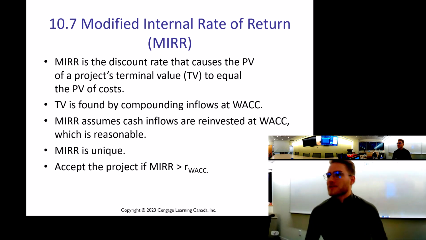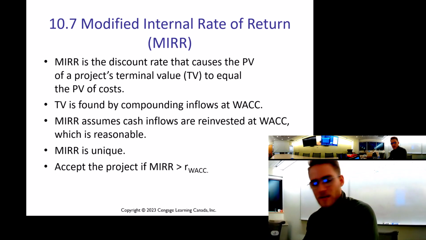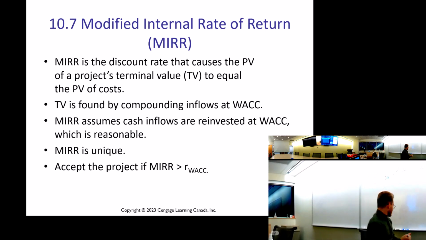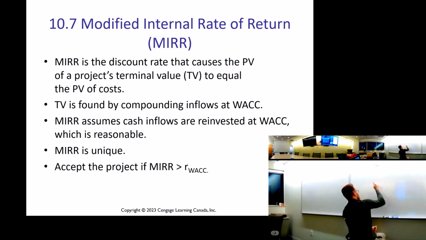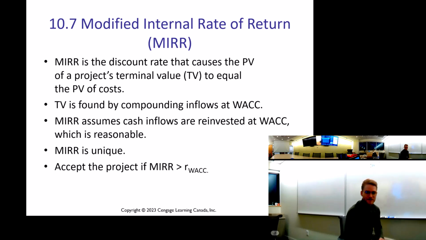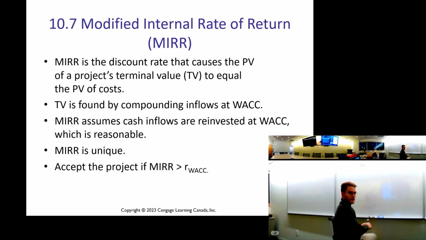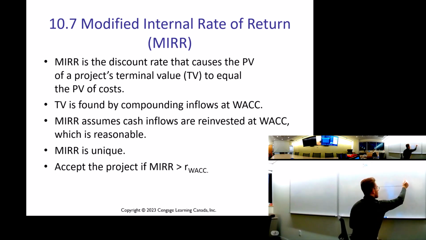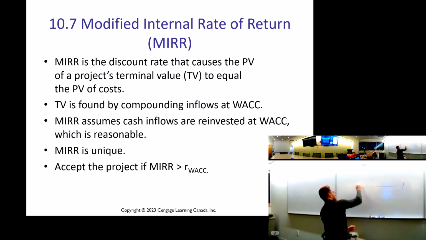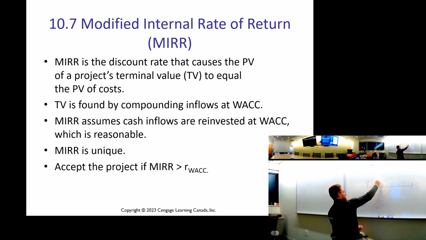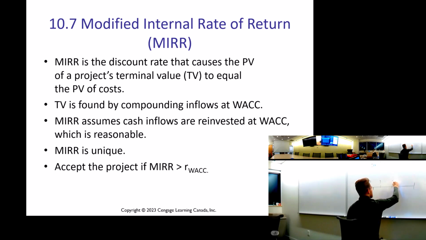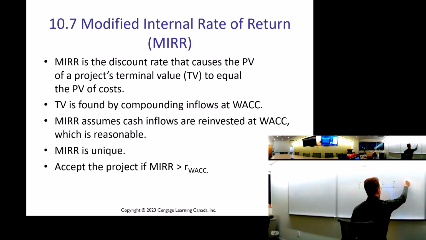So back to what I was talking about. When we're doing MIRR, we'll draw our cash flow timeline, right? So this is say time 0, this is time 1, this is time 2, 3, and 4.